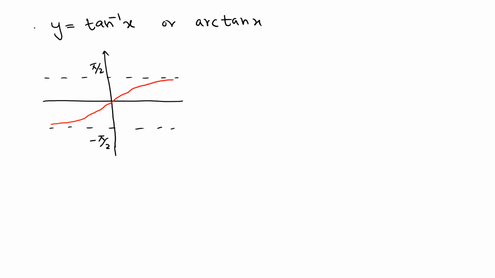Good. So you can see that in this case x is going between infinities, and then y has to be between negative pi over 2 and positive pi over 2, not including the corners, because those are asymptotes. You never get the value. And then we have these cancellation properties.